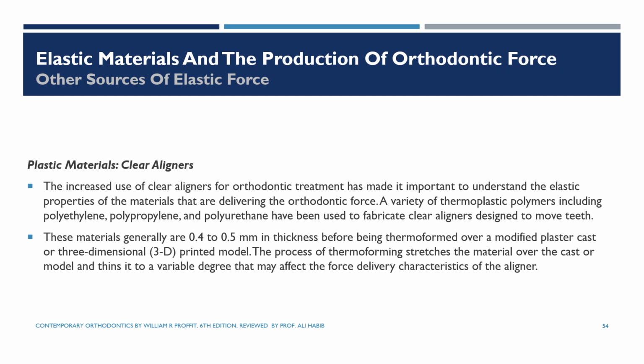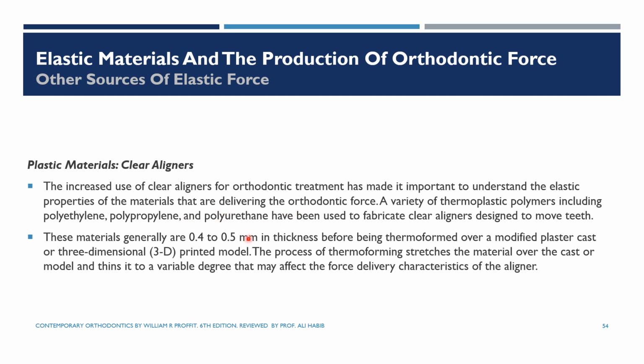Clear aligner materials. The clear aligner is made of plastic materials, different from arch wires. Even the geometry is different, and there are a variety of thermoplastic polymers used to manufacture clear aligners, such as polyethylene, polypropylene, and polyurethane, which are used mainly.